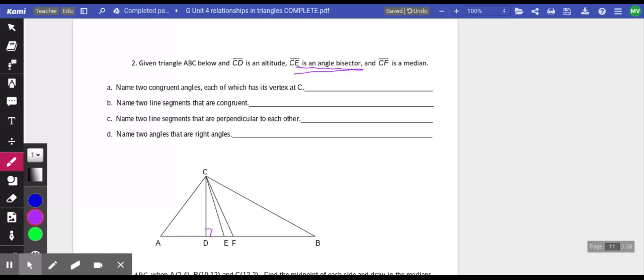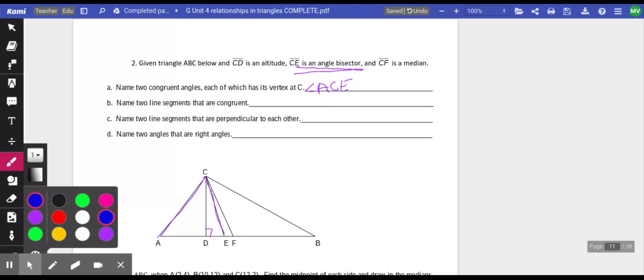So since CE is the angle bisector, my congruent angles are ACE and BCE, because CE is bisecting angle ACB.